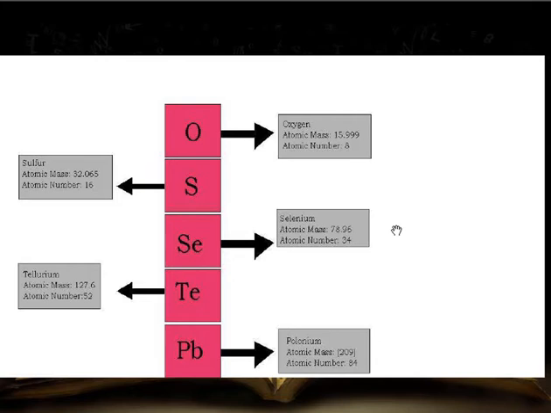Not in the ionic case, but in the general neutral case, the number of electrons is always equal to the number of protons.